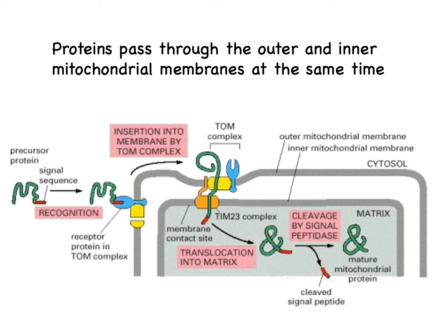It binds to that protein through the signal sequence and then passes it through the outer membrane. Now, if it needs to go through the inner membrane, it will hook up with the TIM and pass the protein through at the same time. Once it's in the inner matrix, then that signal sequence is cleaved off and cleaved into amino acids, which can be recycled.